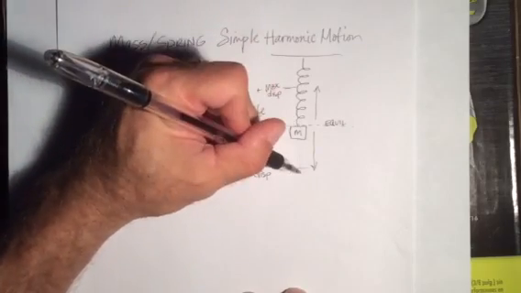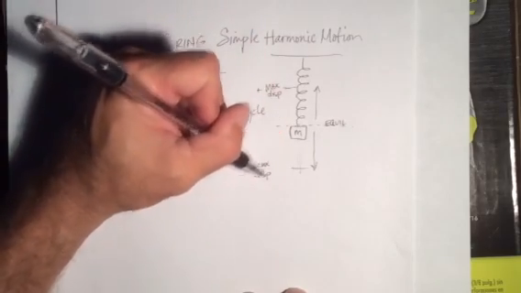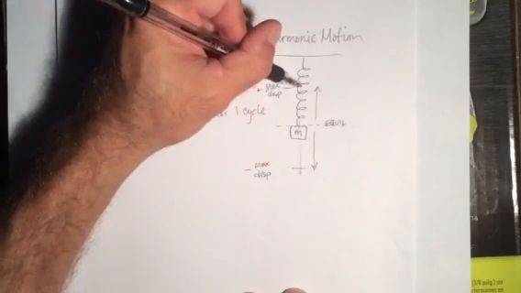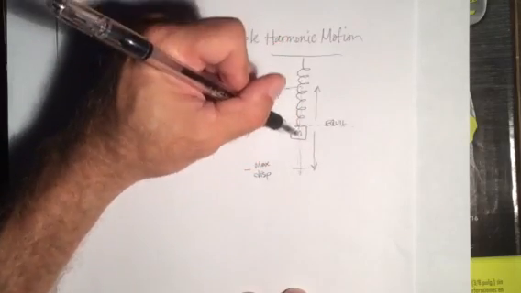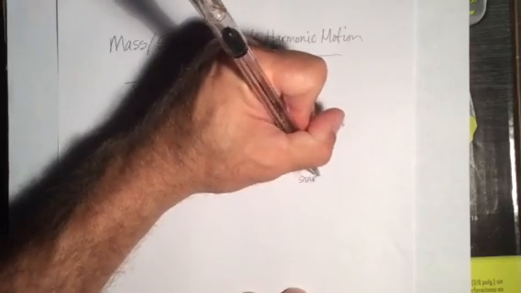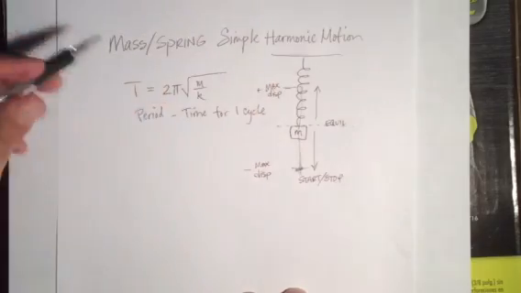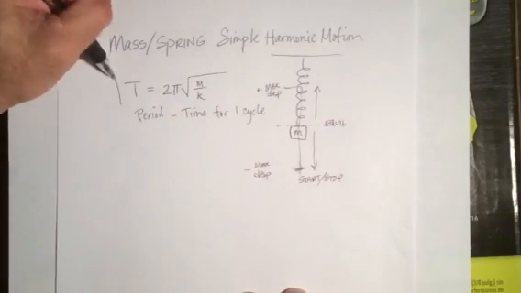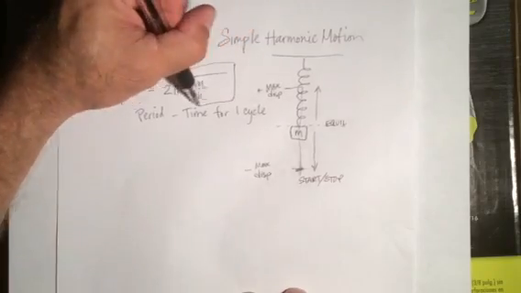So if we pull it down to maximum negative displacement, allow it to go through the equilibrium to maximum positive displacement, back through the equilibrium and back here, our start and stop are in the same place. That is the definition of one cycle. So the time that it takes for that to go is this formula right here.